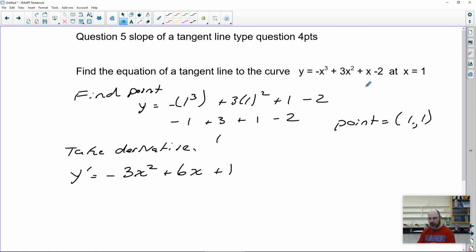And the derivative of negative 2 is 0. Okay, so then if we want to get the slope, which represents the derivative, it's negative 3 times 1 squared plus 6 times 1 plus 1. So we've got negative 3 plus 6 plus 1 equals 4. So our slope is 4.